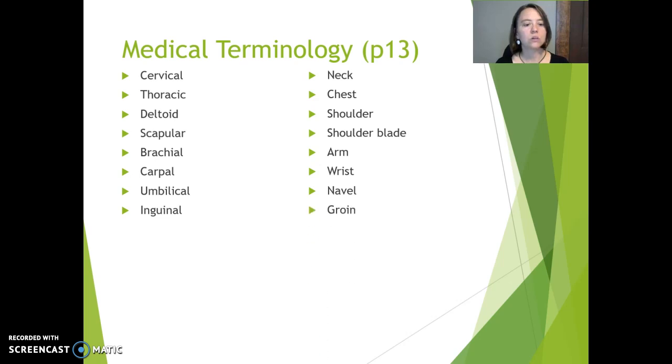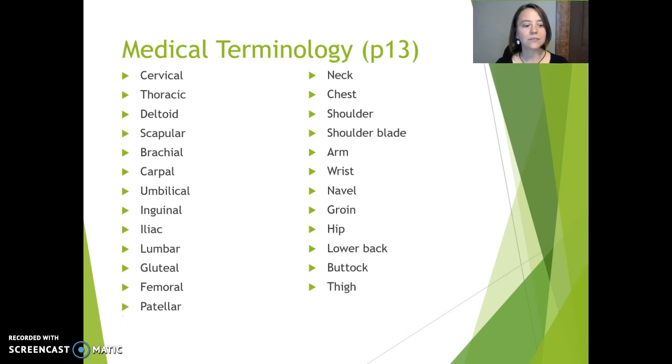Inguinal, which is the groin. Iliac, which is the hip. Lumbar, which is the lower back. Gluteal, which is the buttocks. Femoral, which is your thigh. Patellar, which is the knee. Tarsal, which is the ankle. And calcaneal, which is the heel.